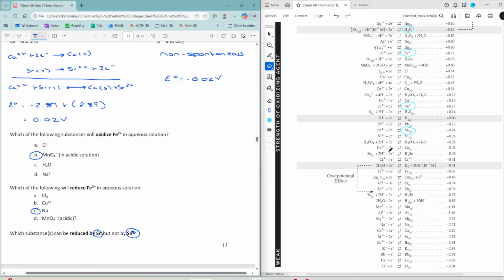So I'm looking for something that's higher on the table than tin, but lower than tin 2 plus. So my answers are going to be all of these guys. So it's going to be that S solid, but acidic. Right? So it has to be an acidic situation. The 2 hydrogens, which I don't need to put the 2, I can just put hydrogen.